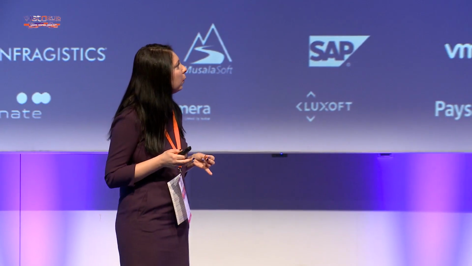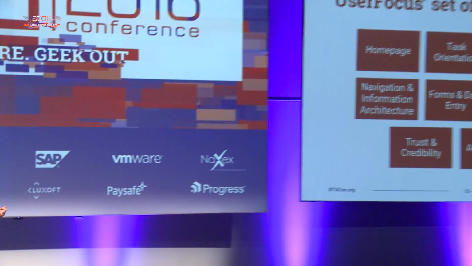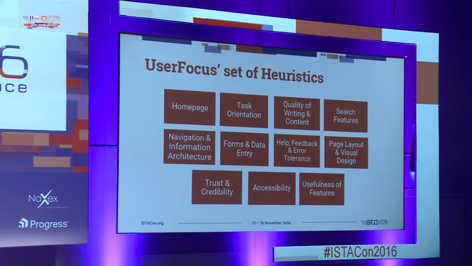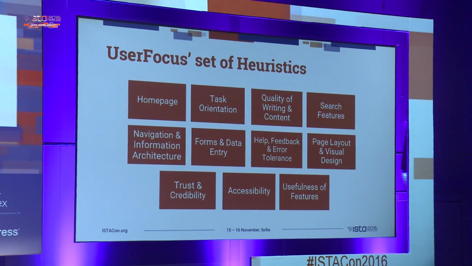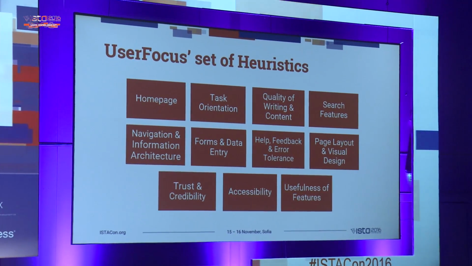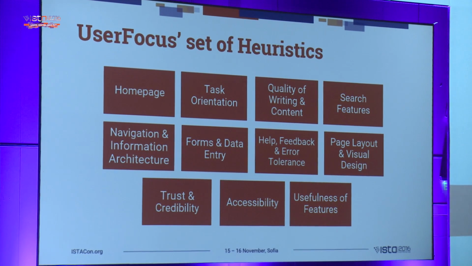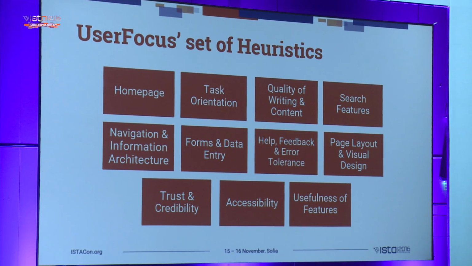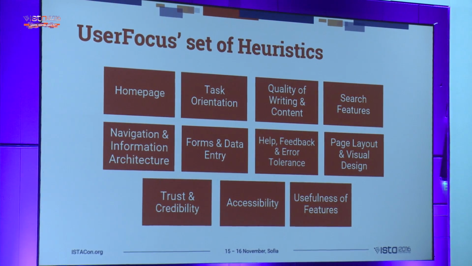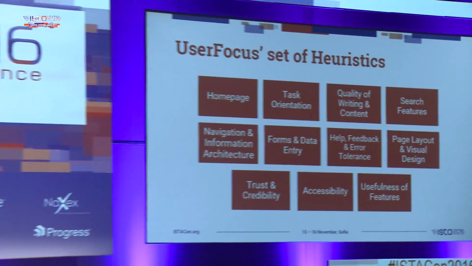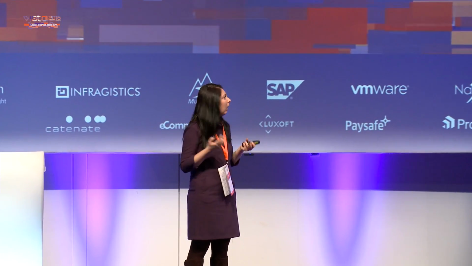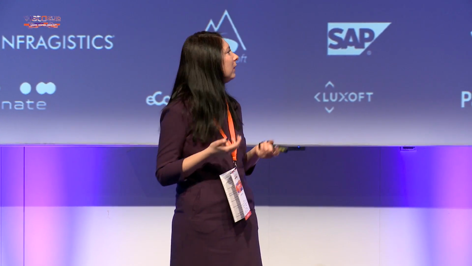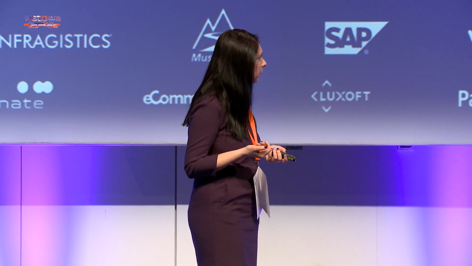Next, we have task orientation and how easy it is for the user to complete a specific task there. We have navigation and information architecture, or how easy it is for the user to find their way around the application. We have form and data entry. If I'm with fat fingers, will I be able to enter the data in the fields, right? Or will that be a little bit harder for me?